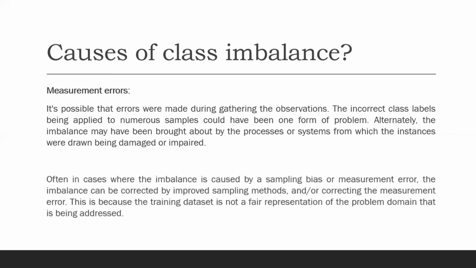Often in cases where the imbalance is caused by a sampling bias or measurement error, the imbalance can be corrected by improved sampling methods and or correcting the measurement error. This is because the training dataset is not a fair representation of the problem domain that is being addressed.